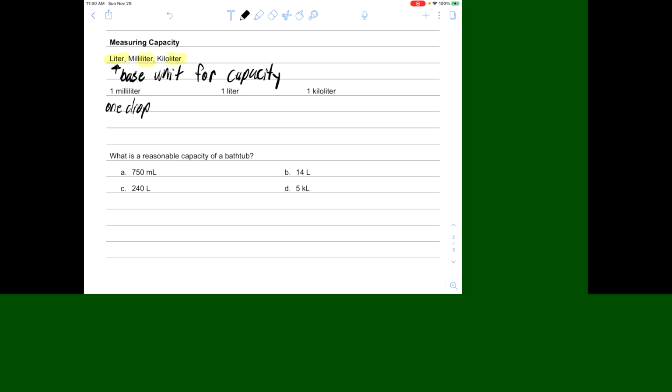1 liter, then, we are very familiar with what a 2 liter of soda is. So this is basically half of a 2 liter of soda, or a large water bottle. People carry 1 liter water bottles around.